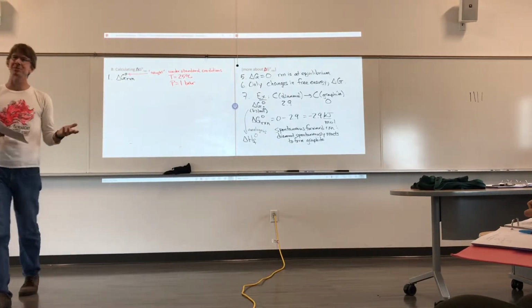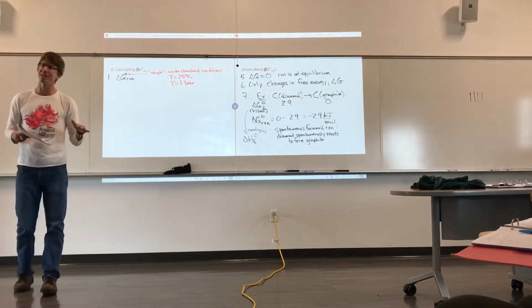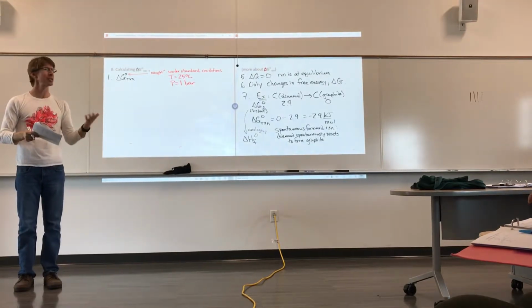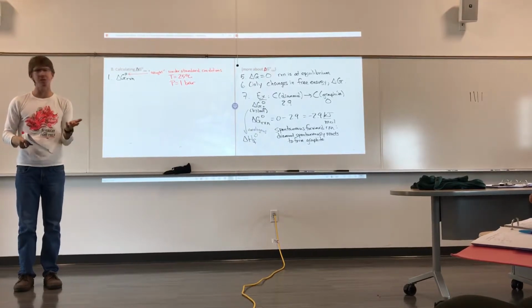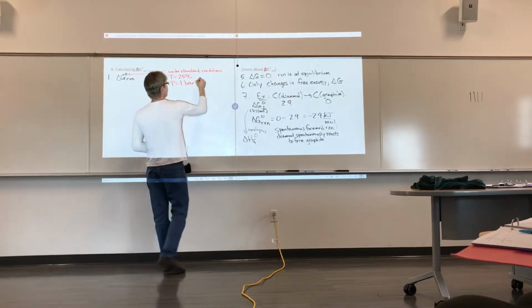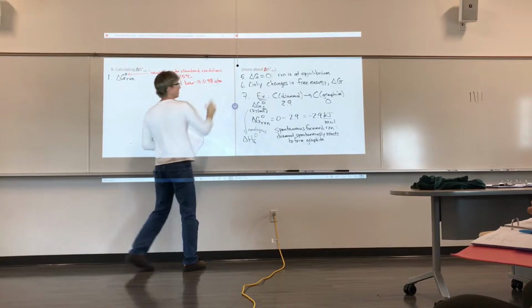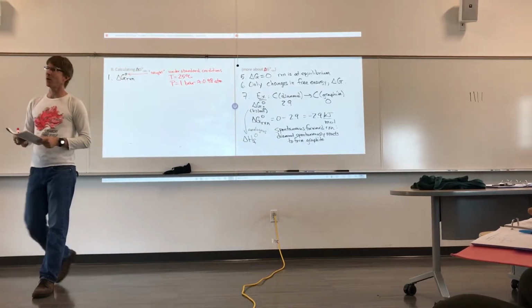If you remember last semester, we said that 1 bar was approximately 0.98 atmospheres, so approximately equal to 1 atmosphere. And pretty much, we don't distinguish those two. Technically, it's 1 bar, though. But practically speaking, it's also 1 atmosphere as well.